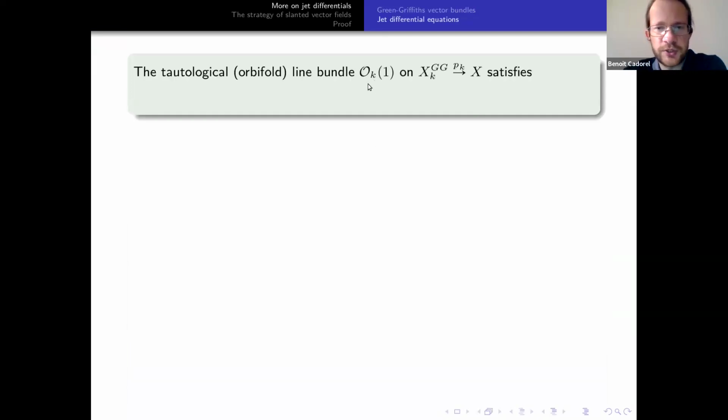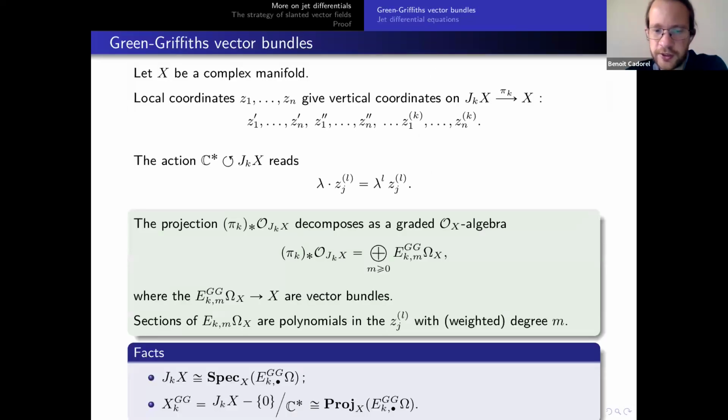Okay, and so you have this tautological line bundle on X_k Green-Griffith. Maybe I should put GG here. I will use many different tautological bundles in the future, so I hope it will not get too confusing. Normally, I will not forget to put this GG anymore. So you have this tautological line bundle on this projective algebra here.